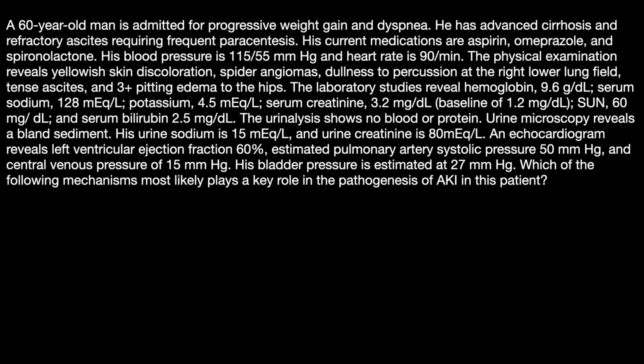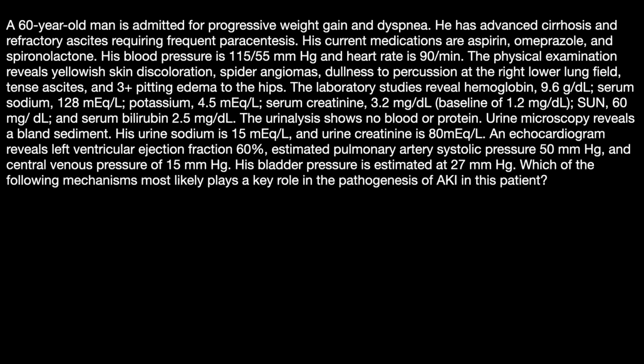Urinary sodium is 15, urinary creatinine is 80, and echocardiogram reveals left ventricular ejection fraction of 60. The estimated pulmonary artery systolic pressure is 50 and the central venous pressure is 15. His bladder pressure is 27. Which of the following mechanisms is most likely playing a role in the pathogenesis in this patient?